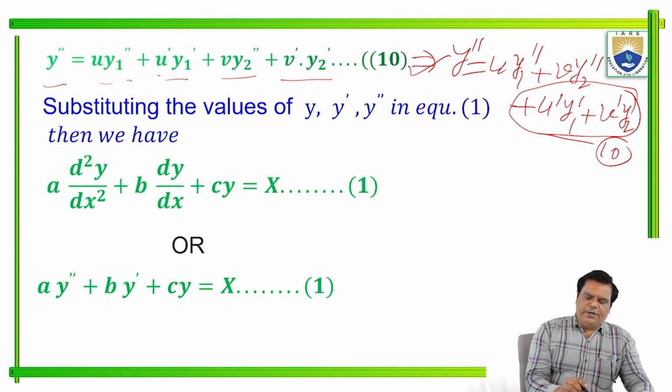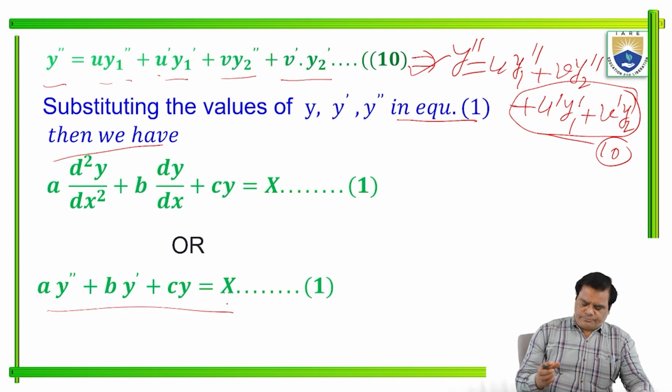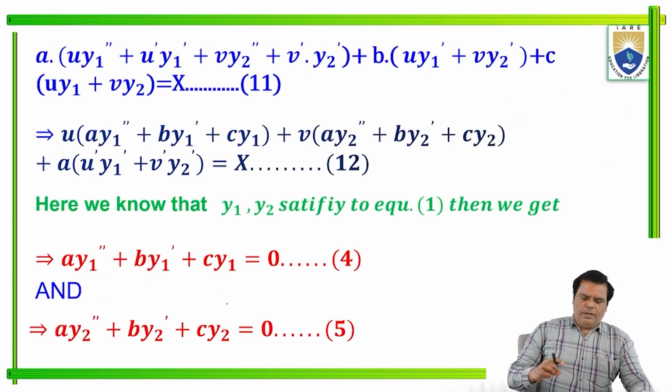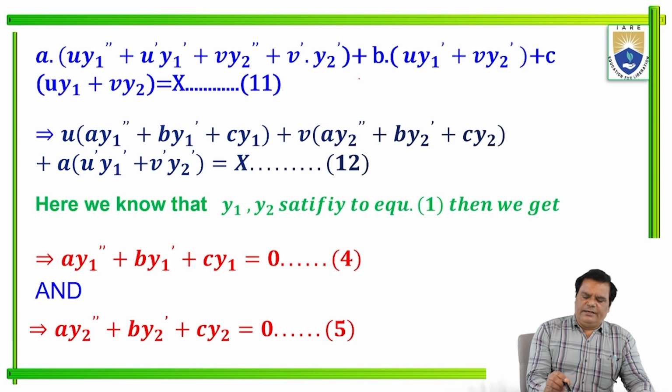Here substituting the values of y, y dash and y double dash in equation 1, we get this. Now the first half of the result must be 0, so this is already 0. This result is 0 and this result is already 0.